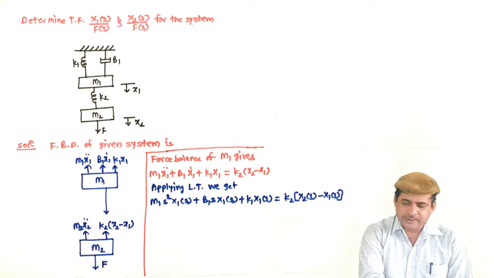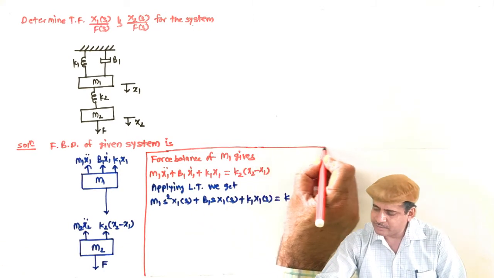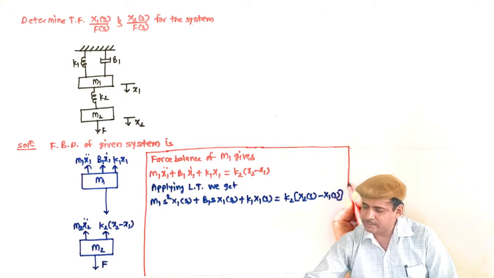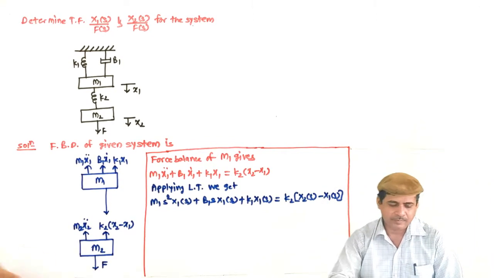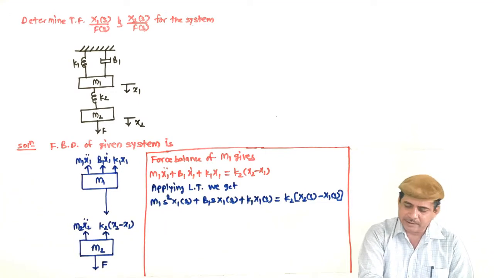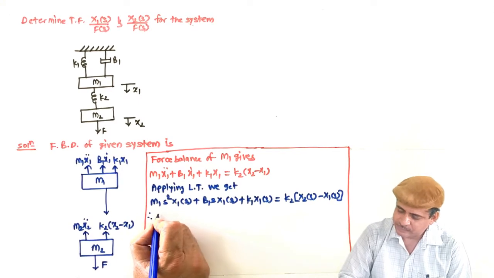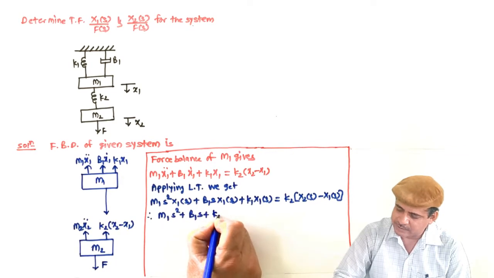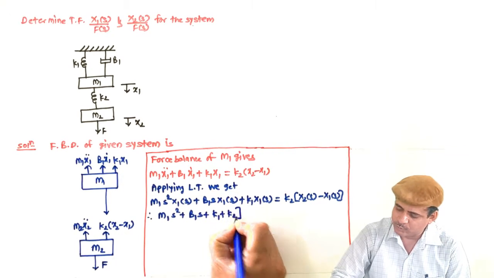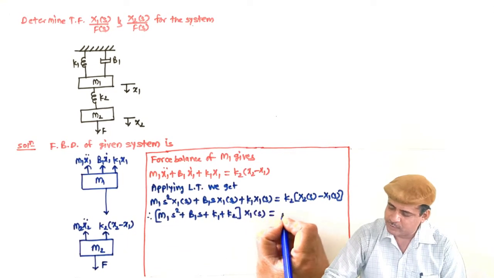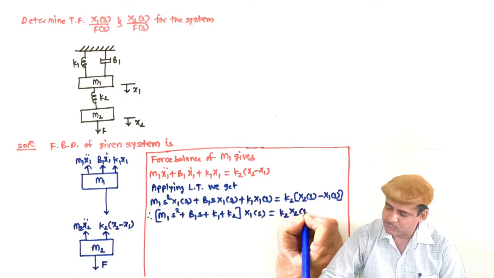And now what is the use of this? It will give us the relation between x1 of s and x2 of s, and this can be written as m1 s square plus b1 s plus k1 plus k2 into x1 of s is equal to k2 x2 of s.